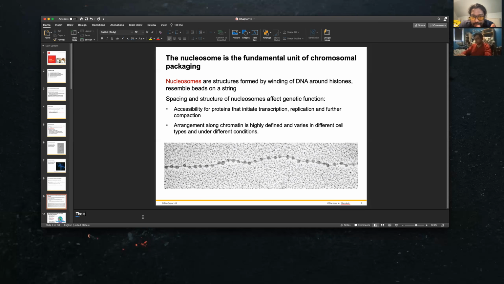We'll read about this in the next few slides: methylation causes it to be more condensed, and acetylation causes it to be less condensed. Because then a DNA polymerase can just attach onto it.